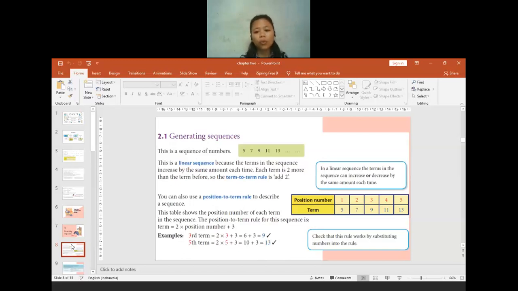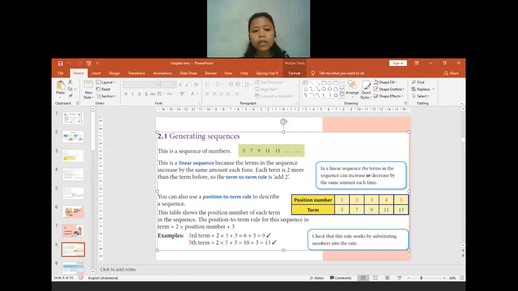What is a linear sequence? A linear sequence happens when the numbers change because we add or subtract the same number. Like this example: 5, 7, 9, 11, 13. From 5 to 7, what do we do?